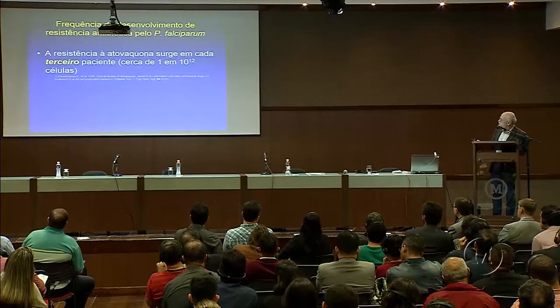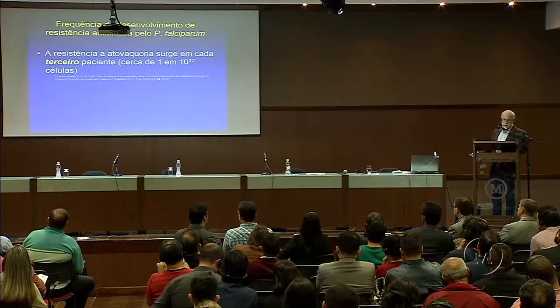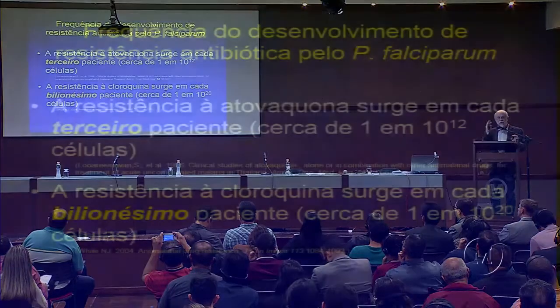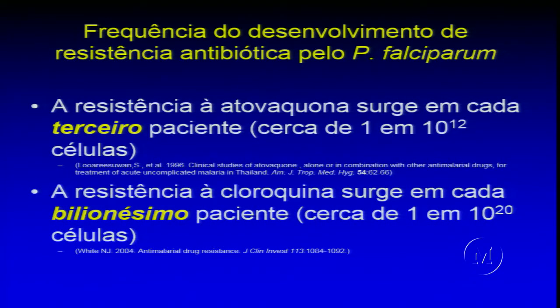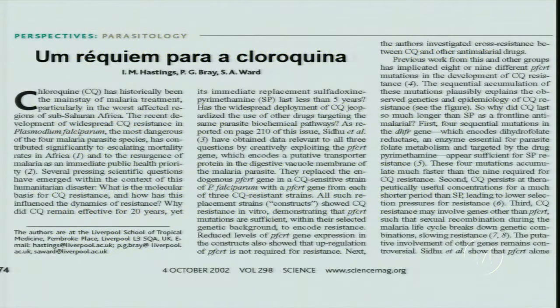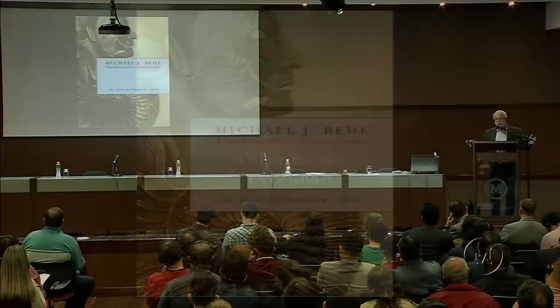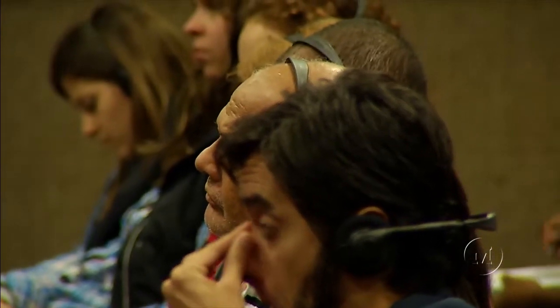On the other hand, if you compare it to chloroquine, resistance to chloroquine arises in about every billionth patient, about every 1 in 10 to the 20th cells. So that was the major point that I investigated or wrote about in my second book, The Edge of Evolution.